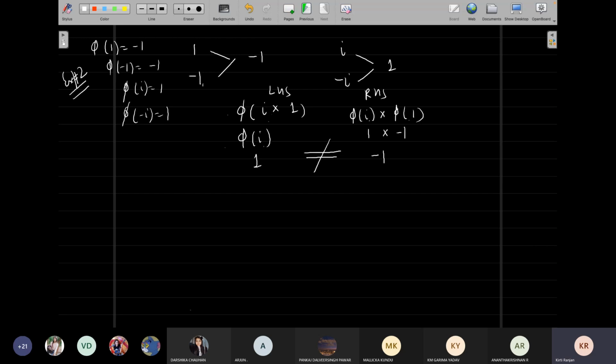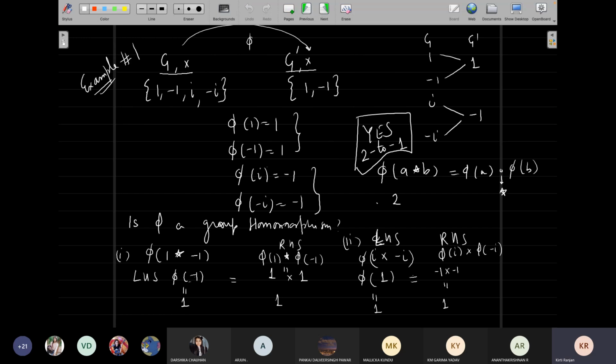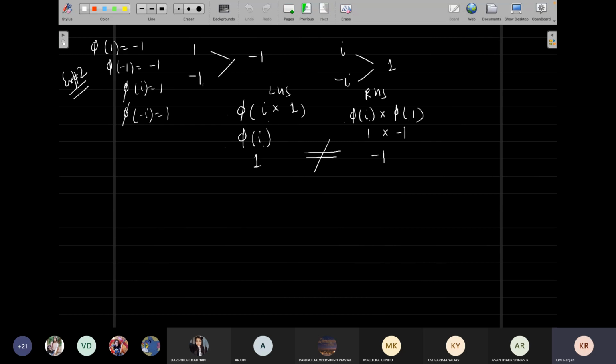So the group homomorphism which was there in the previous example of mapping, where 1 and minus 1 were mapped to 1 and i and minus i were mapped to minus 1, is not happening in this particular case, where 1 and minus 1 are mapped to minus 1 and i and minus i are mapped to 1. So it's not that all the time you will get a group homomorphism.